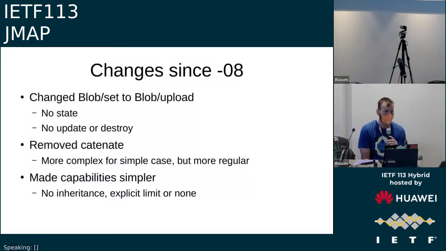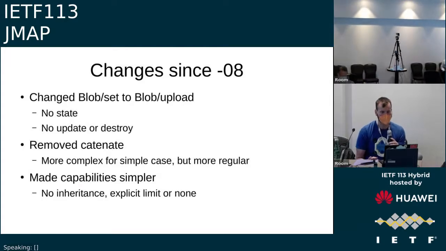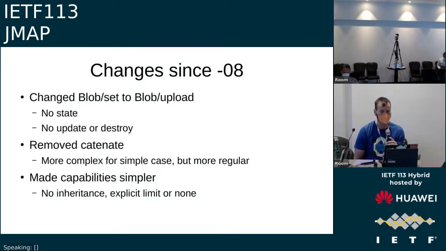I put in quite a few changes based mainly on Jim's feedback and discussion with Neil about the fact that blob set was not really the right thing for it, because there's no state for blobs and there's no update or destroy, there's only create. So blob upload is basically a set that can only do creates. It still creates creation IDs because you need to have them to be able to back reference, which is the large point of doing inline blob creates.